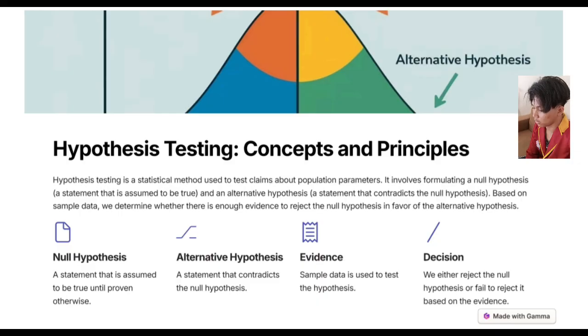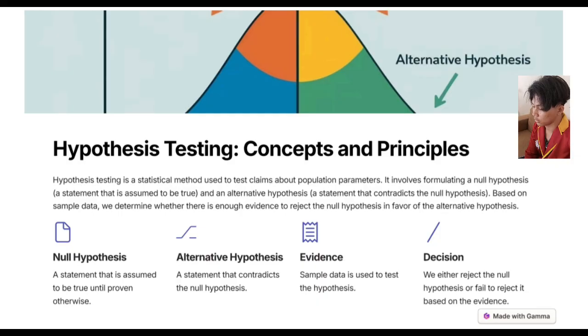The null hypothesis is assumed to be true until proven otherwise. The alternative hypothesis contradicts the null hypothesis. Sample data is used as evidence for the decision. We either reject the null hypothesis or fail to reject it based on the evidence.